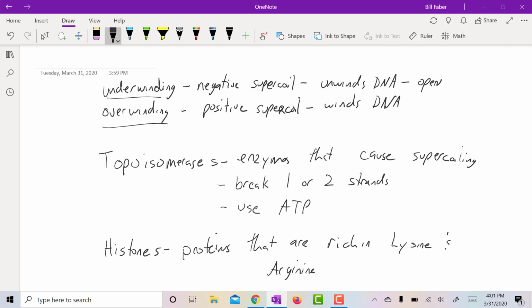You probably haven't memorized arginine. So proteins that are rich in lysine and arginine that help stabilize the supercoiled DNA. All right.